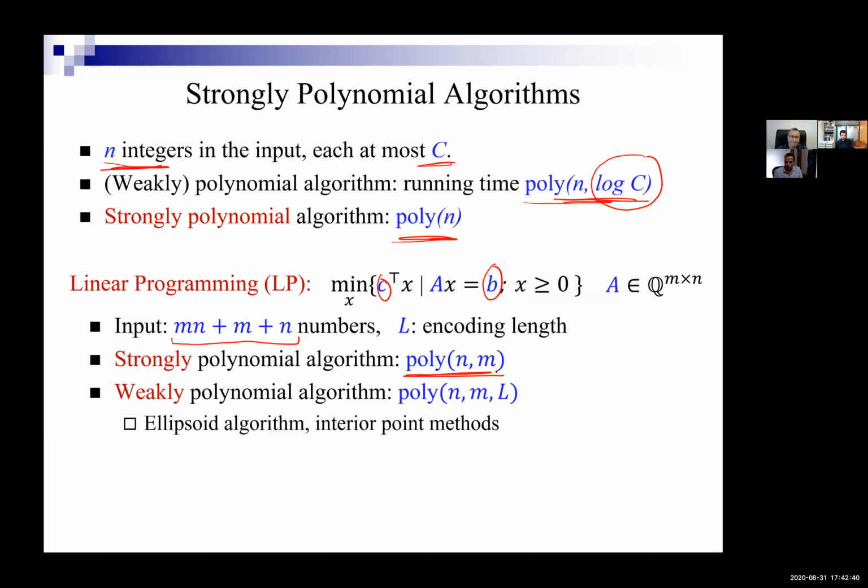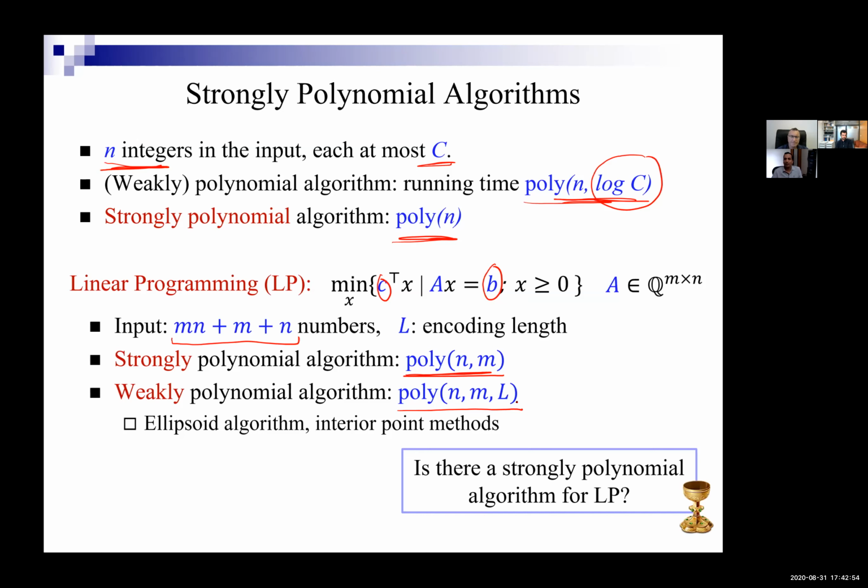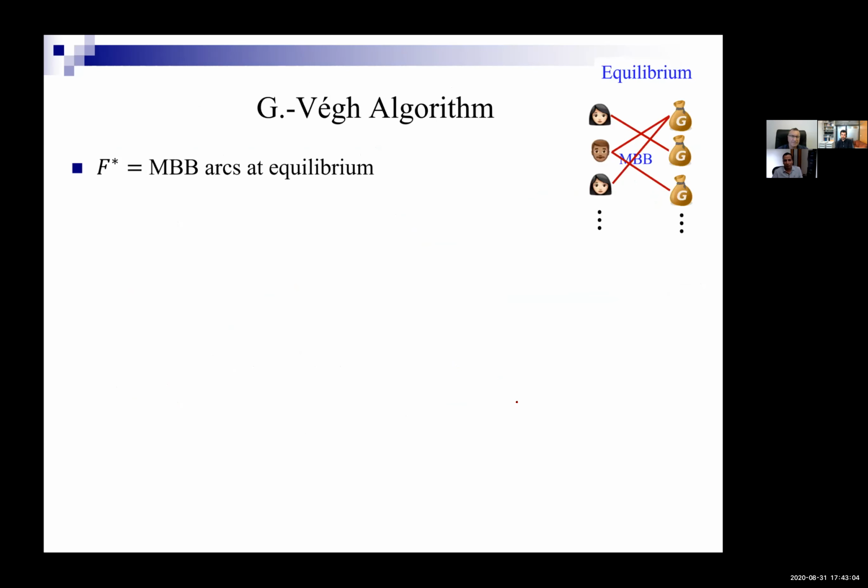And in a weakly polynomial algorithm, you can allow it to take time polynomial in n, m, and L. So the ellipsoid algorithm and interior point algorithm are both weakly polynomial algorithms. And in fact, it is a major open question in optimization whether there exists a strongly polynomial algorithm for linear programming.